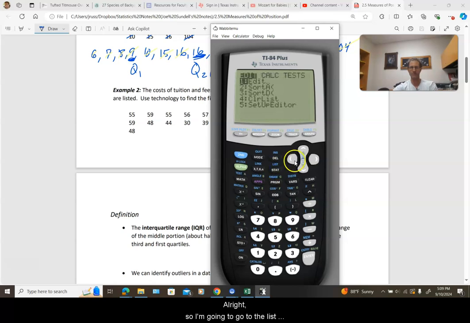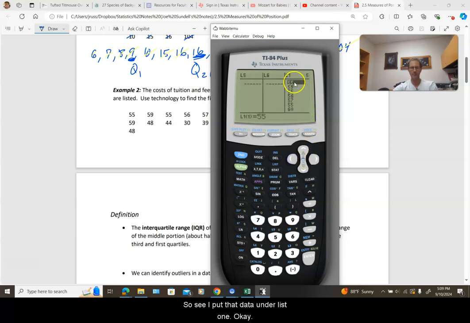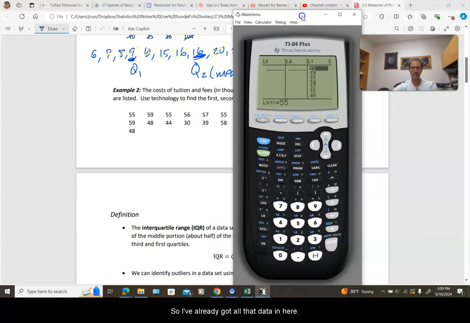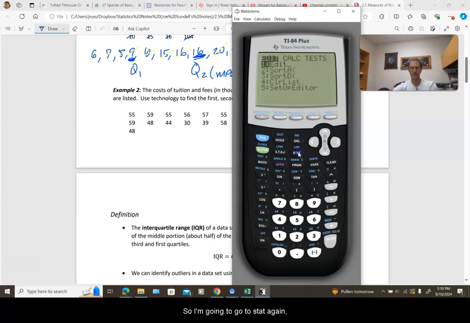All right, so I'm going to go to the list, and let me scroll to the right. So see, I put that data under list 1. I've already got all that data in here. So I'm going to go to Stat again, calculate, one variable statistics. I need to change this to list 1. And I want to show you another way to do this.